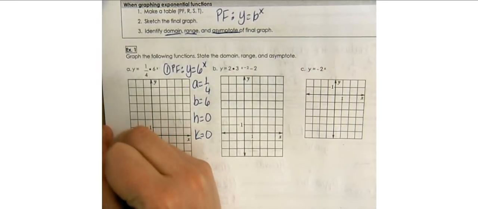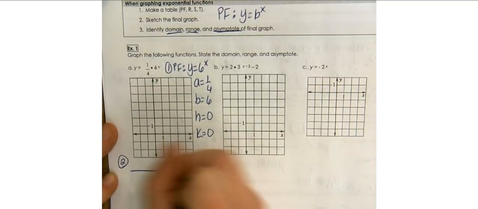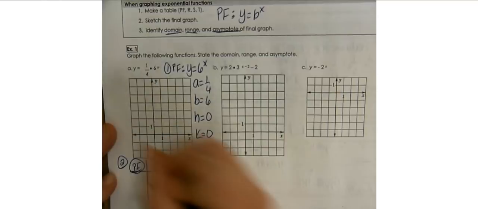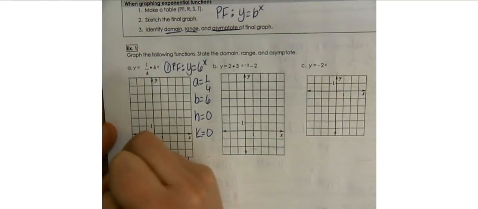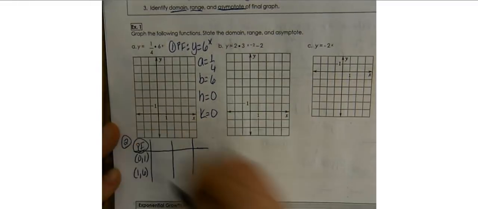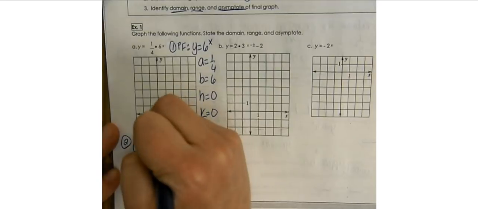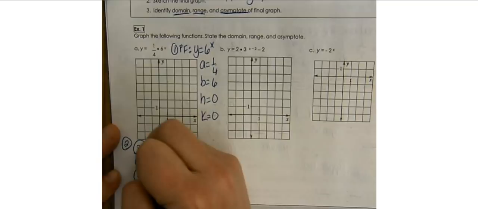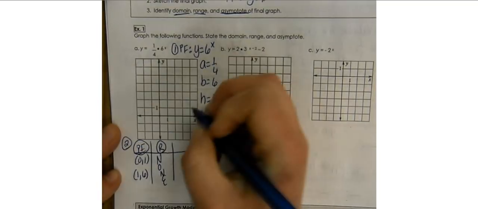Next, we want to come up with our table of values. So I'm going to create my parent function table, which what's really nice about that is it's always 0, 1, and then 1, comma, your b value. And our b value in this case is 6. So 1, 6 is my parent function. In this case, I do not have an a value that is negative, so I do not have a reflection, so I'm going to write none.